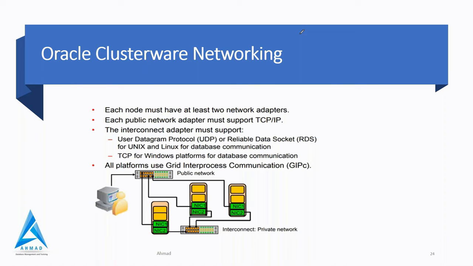For the public network we use TCP/IP, but for private, for Linux or Unix systems we use UDP or RDS, and for Windows we can use TCP. GIPC is used for grid inter-process communication. GIPC is a common communication infrastructure to replace CLSC and CNS.